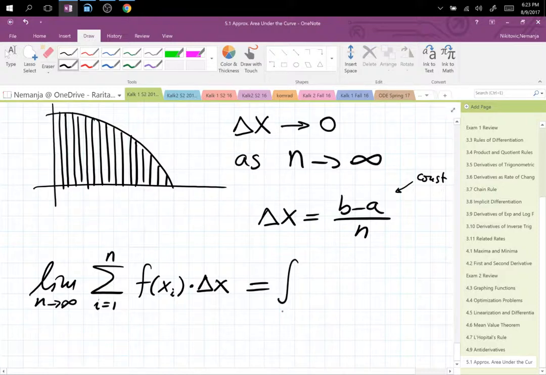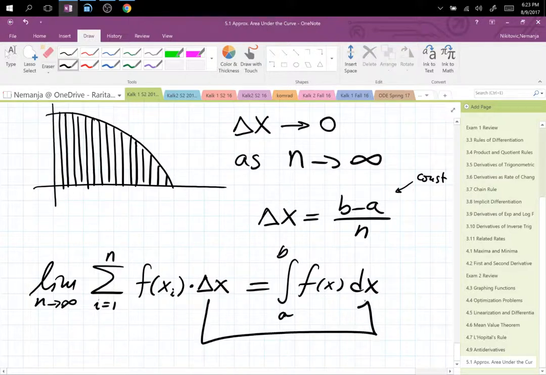The definite integral from a to b of f of x dx, where this dx is that dx. And now you finally understand that this dx is not there for decoration. That dx is the width of each rectangle.